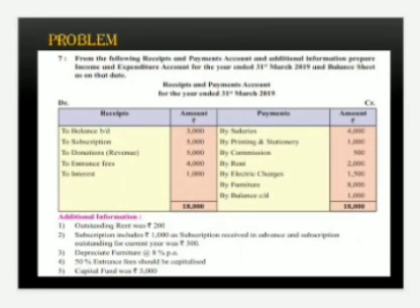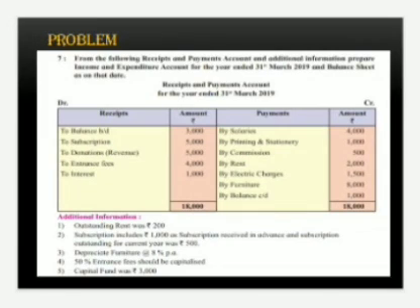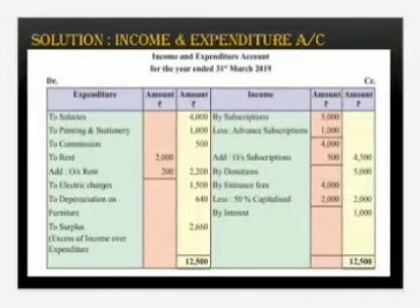First we will take salaries. Now see here, salaries we have written rupees 4000. There is no adjustment, that is why we have written under the debit side. Then printing and stationery, no adjustment, we have written. To commission, no adjustment, we have written directly in the outer column.